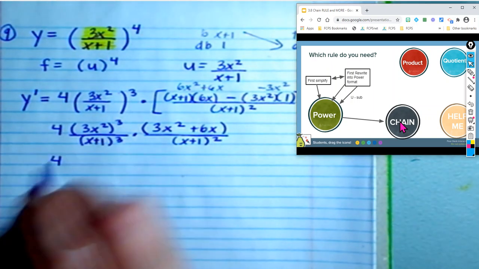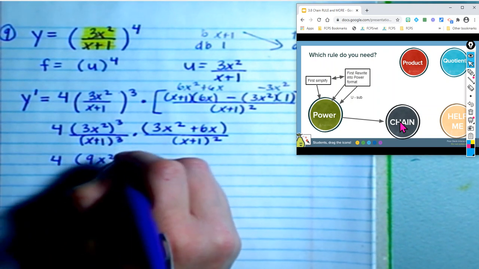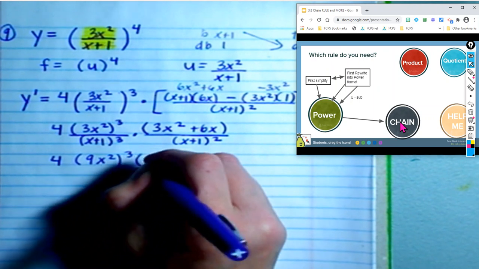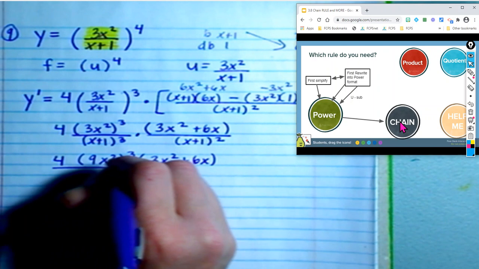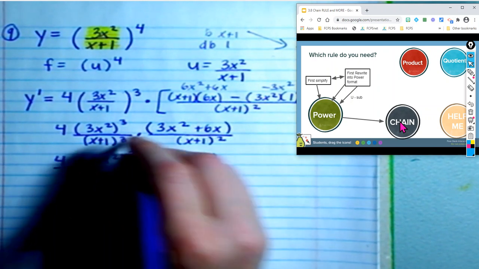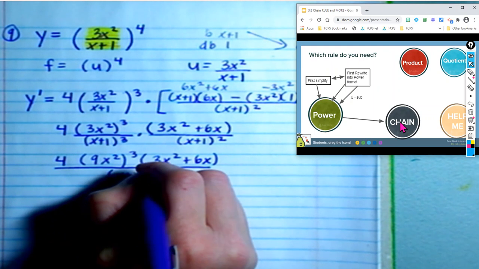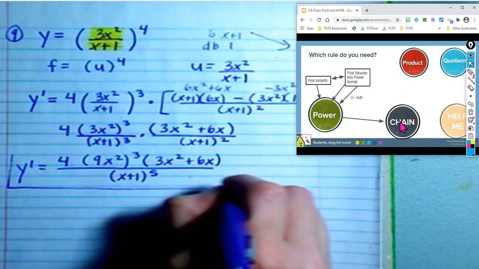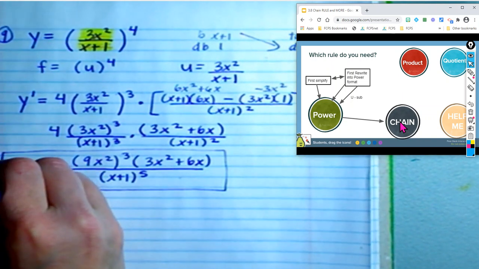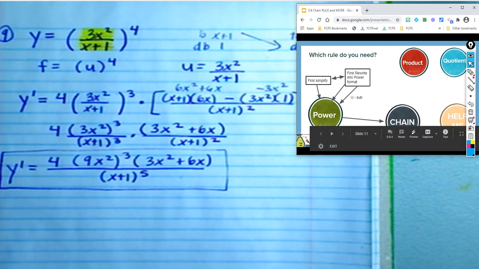Okay, I'm just going to turn this into one fraction. 9x squared cubed, a 3 power and a 2 power makes a 5 power. You should feel super smart. Nice work.